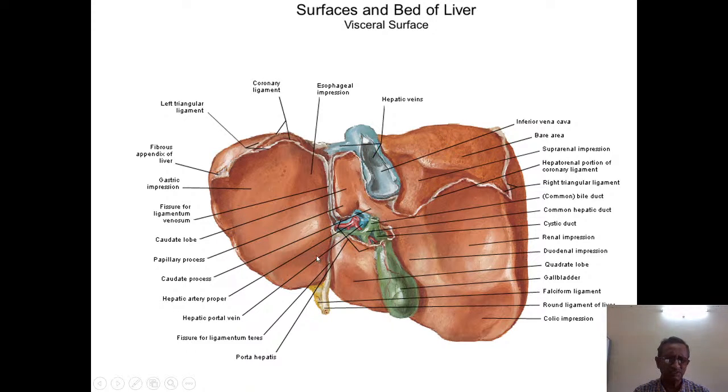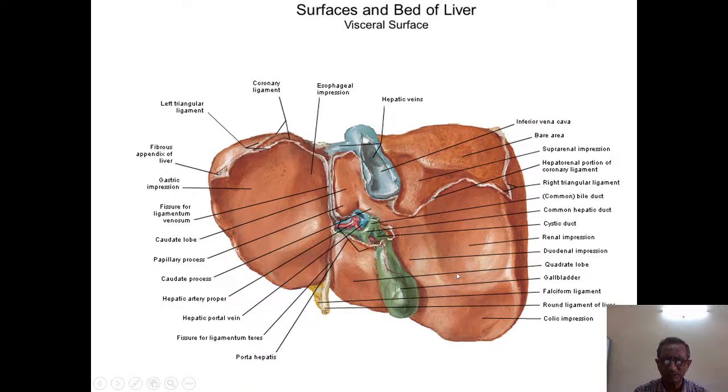This is the impression of the left colic flexure, and then on the right side we are having the impression of the duodenum. This is the caudate lobe, and where is the duodenum? This part it will be here.